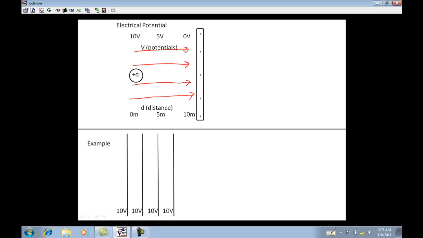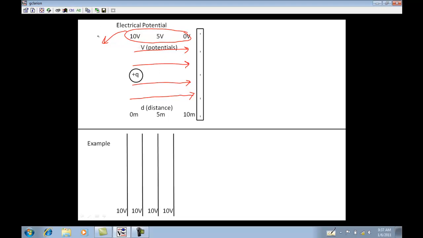So notice, what does the potential do? Let's look at these potentials. What do these potentials do in the direction of the electric field? Increase as your distance gets bigger. Well, in the direction of the electric field, though, what are the potentials doing?